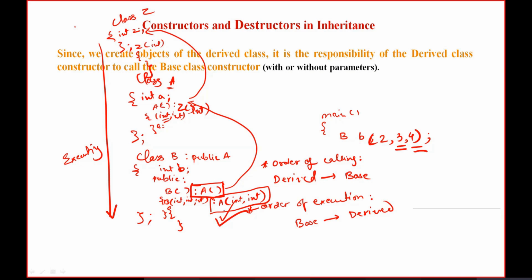Another thing, number two, for the default constructor to be called, there should be a default constructor in my base class. No matter whether the default constructor is explicitly defined by you or automatically created by the compiler, it should exist in the base class.